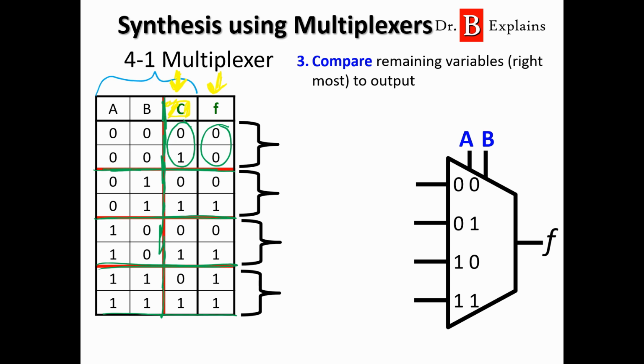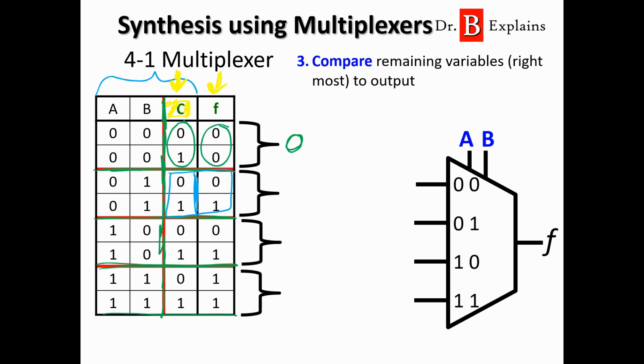So if C is 0, F is 0. If C is 1, F is what? F is also 0. So does F depend on C? For example, in the top row, if C is 0, F is 0. If C is 1, F is still 0. So it doesn't depend at all on C. It's just always going to be a 0. What about this next one? If C is 0, F is 0.